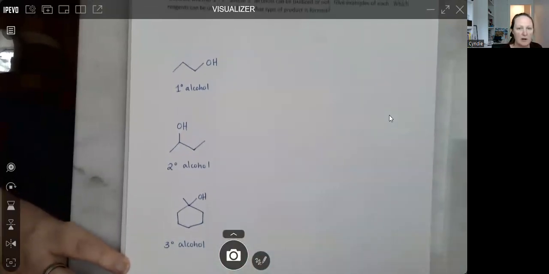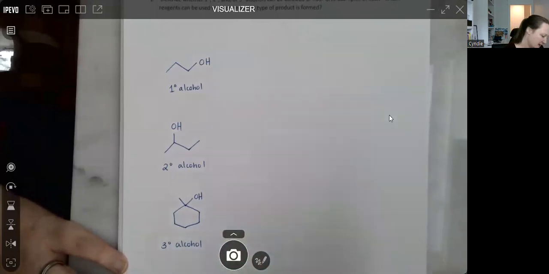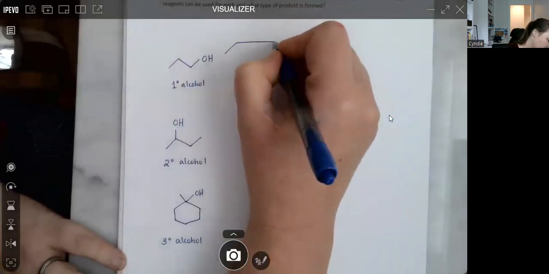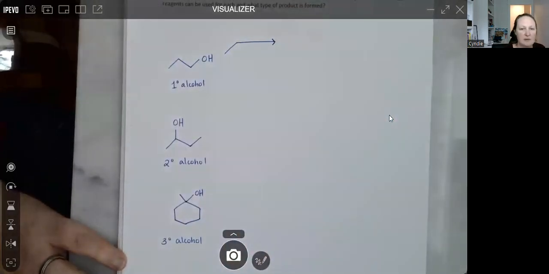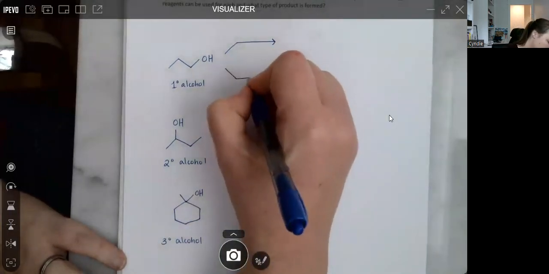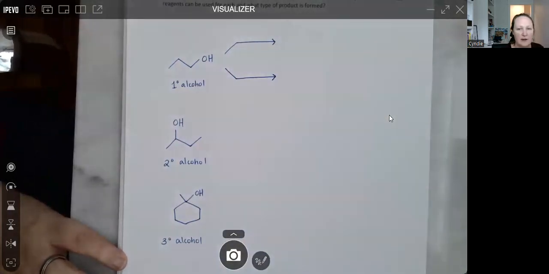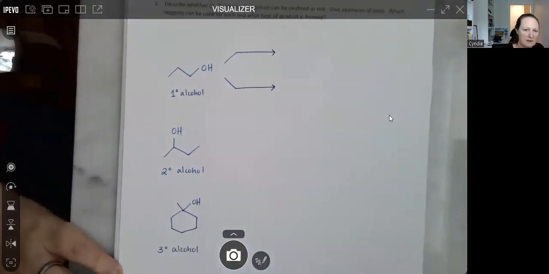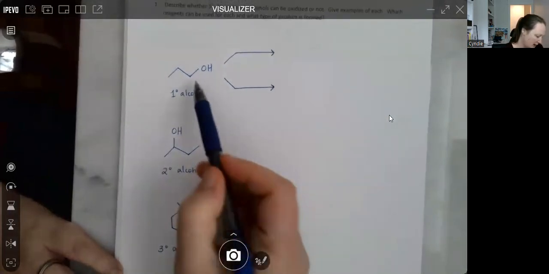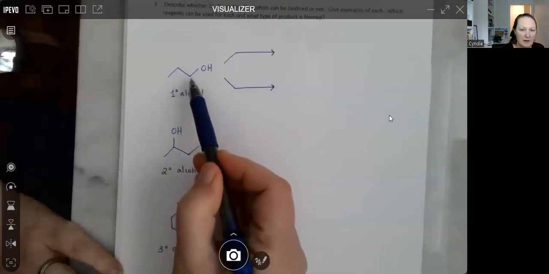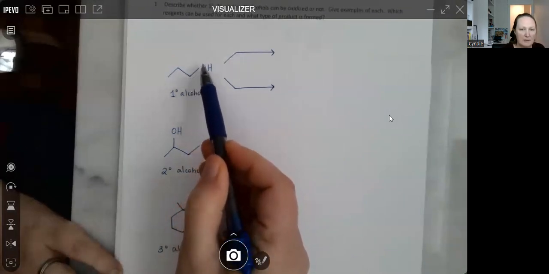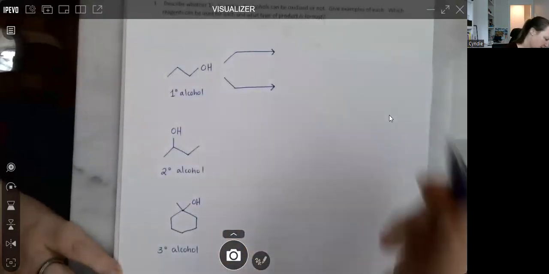So primary alcohols can be oxidized to an aldehyde, and they can also be oxidized to a carboxylic acid. And the conditions to get there are different in each case, right? So if we're going to oxidize to an aldehyde, the alpha carbon will be the carbon that becomes double bonded to the oxygen.